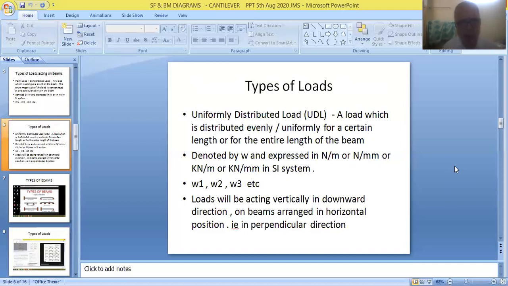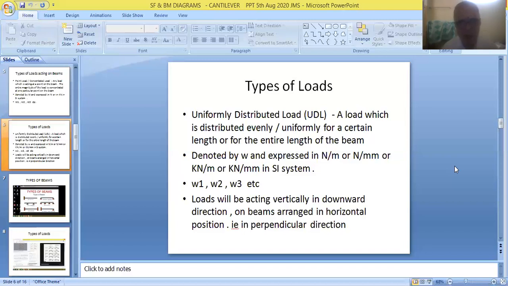So it will be acting at the rate of unit distance. Small w is used for indicating uniformly distributed loads.